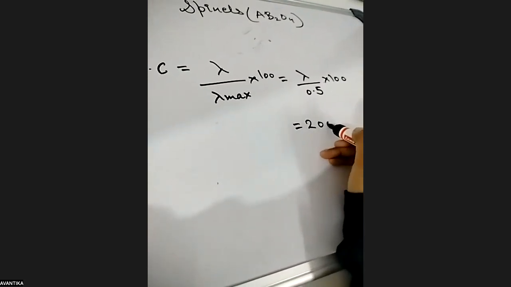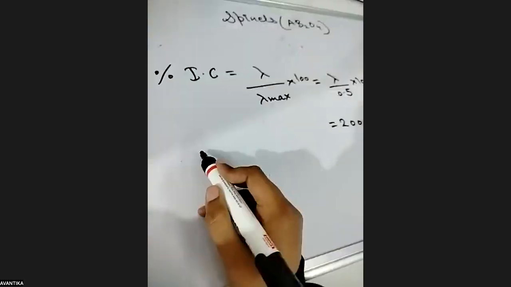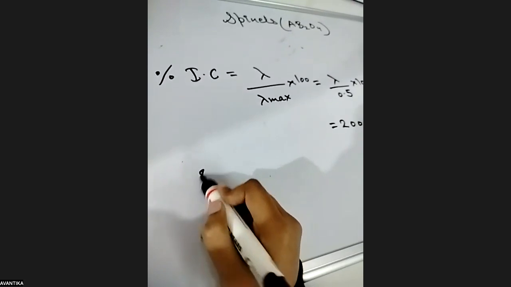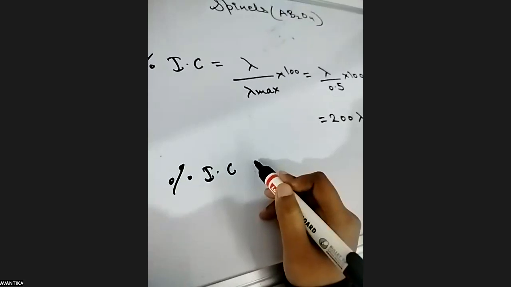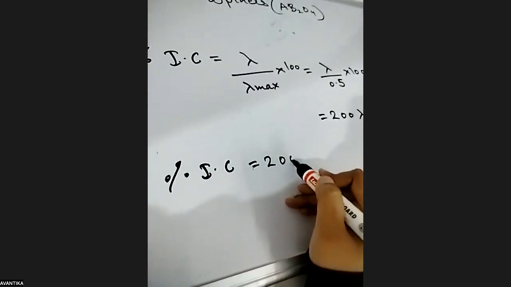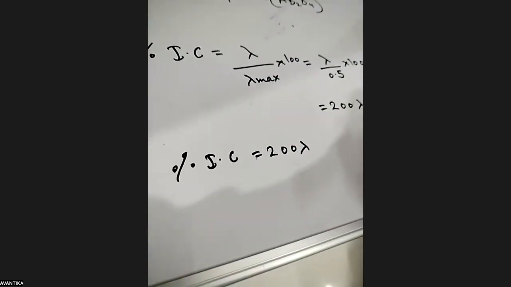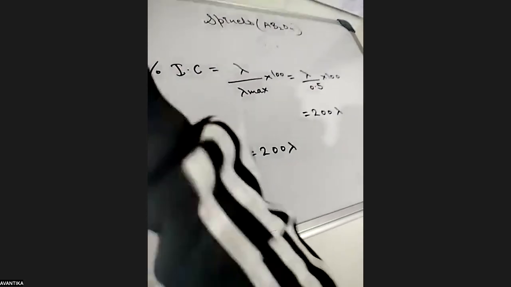So if we have to find the percentage inverse character in case of any spinel, we can use this formula, that is 200 lambda.